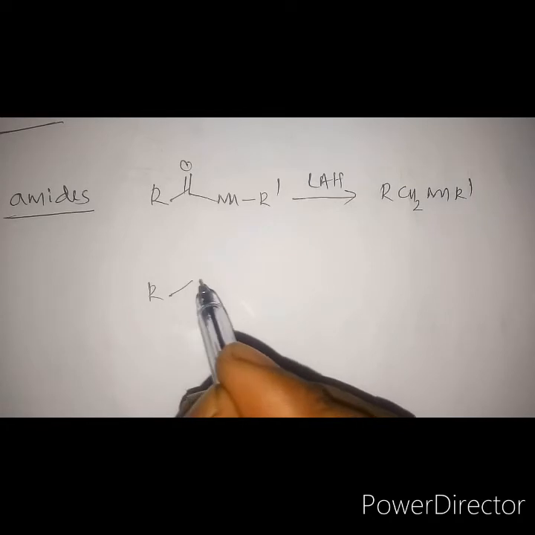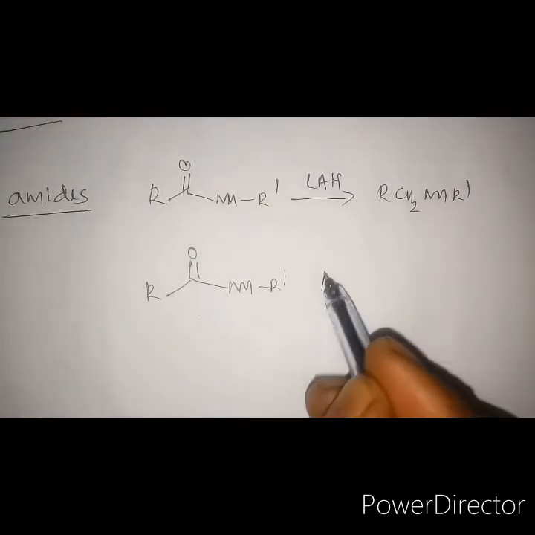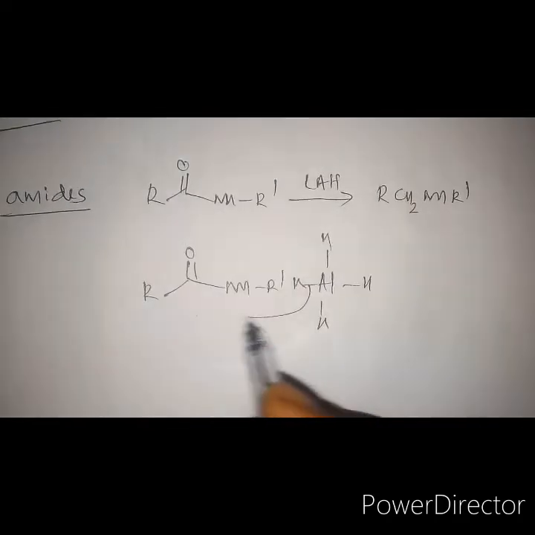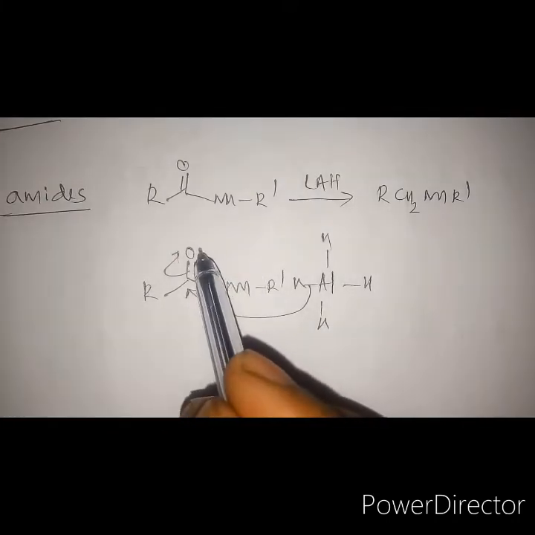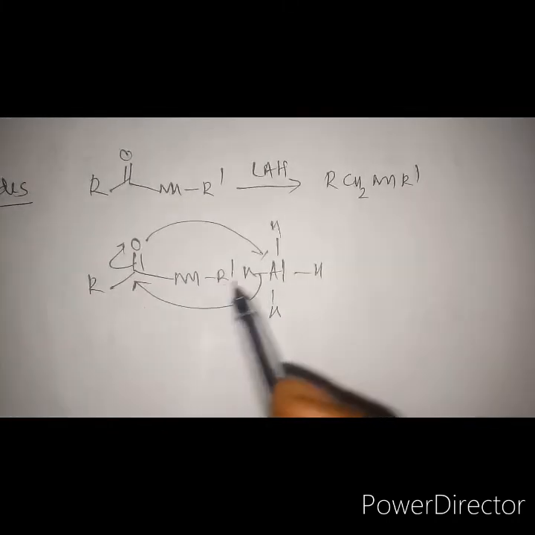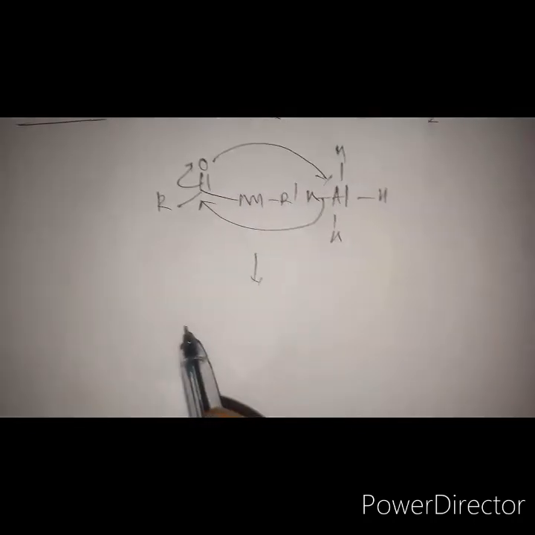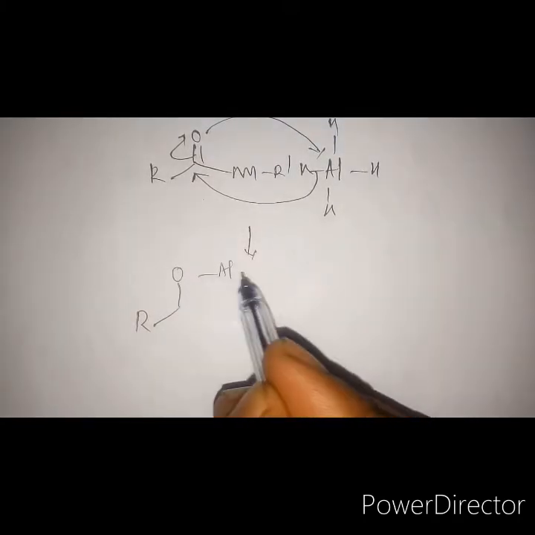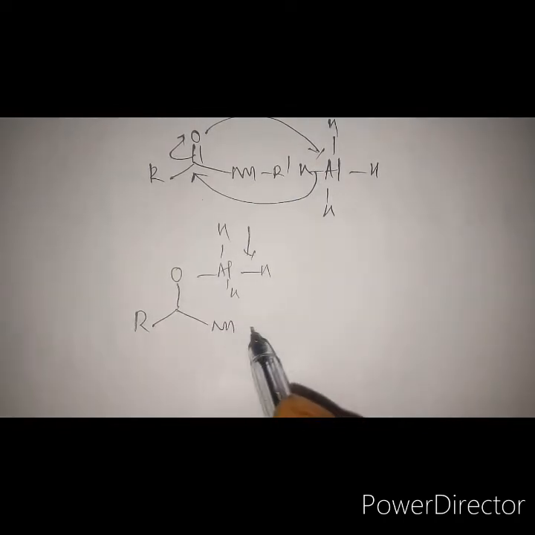R CONH R dash aluminum hydride. The transfer of hydride to the carbonyl group, and this negative charge will attack on the aluminum. So we will get R O connected with aluminum, the 3H, NH R dash.